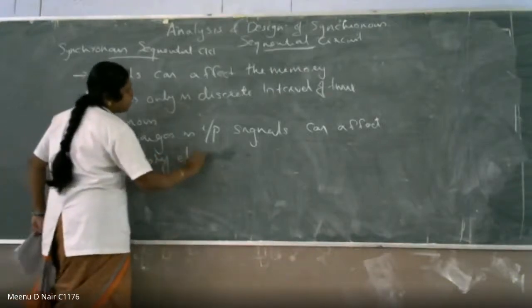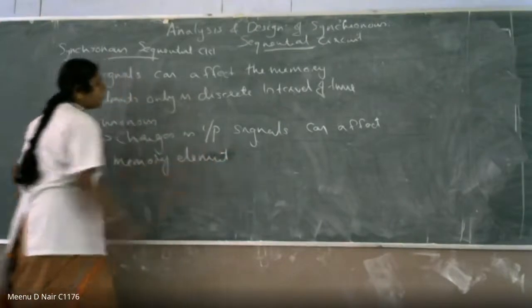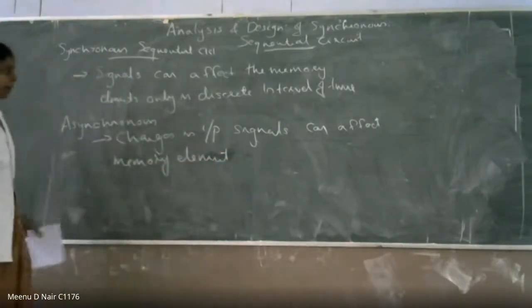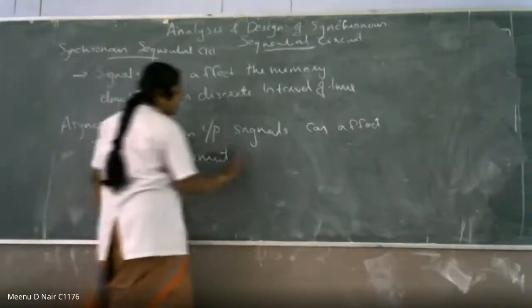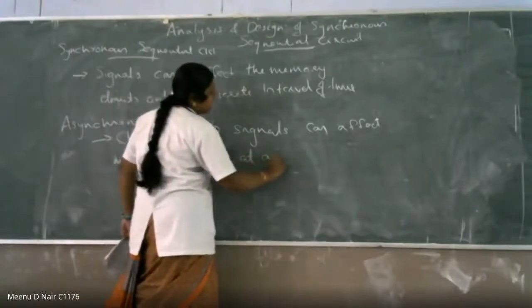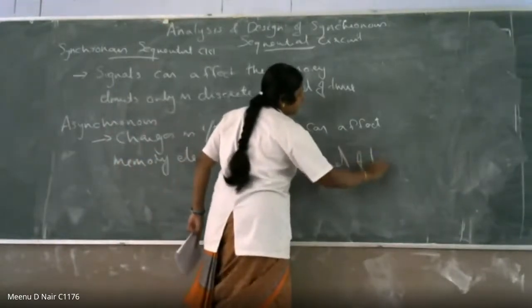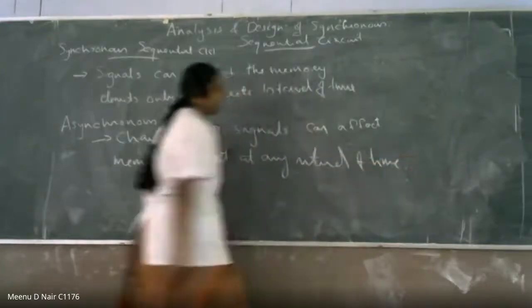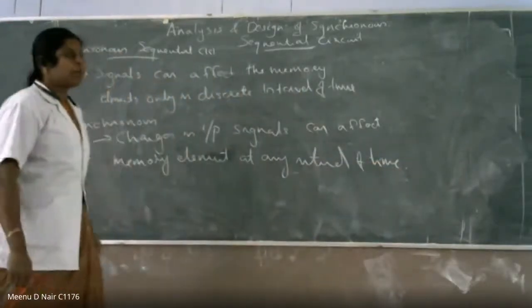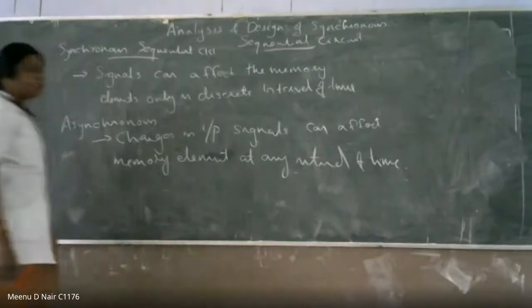Memory element is nothing but your flip-flop. Okay, so changes in input signal can affect the memory element at any interval of time. That is the difference between a synchronous sequential circuit as well as an asynchronous sequential circuit.